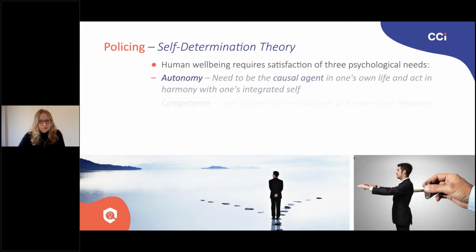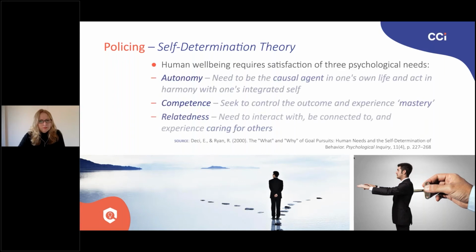And this suggests that human well-being requires satisfaction of 3 psychological needs: autonomy, the need to be able to control your own actions and act in harmony with what you think is the right thing to do; competence, the ability to seek control and want to be master or to experience mastery or expertise in an area; and relatedness, in terms of the need to feel connected to and experience caring for others.